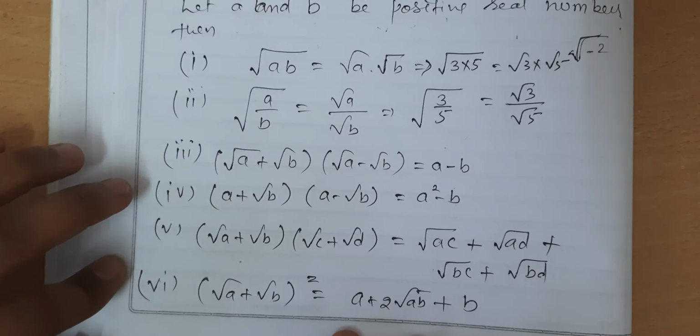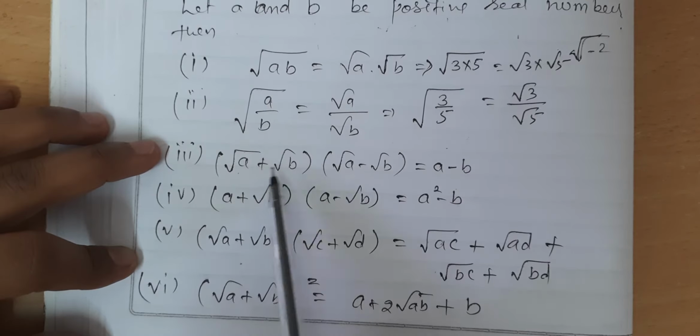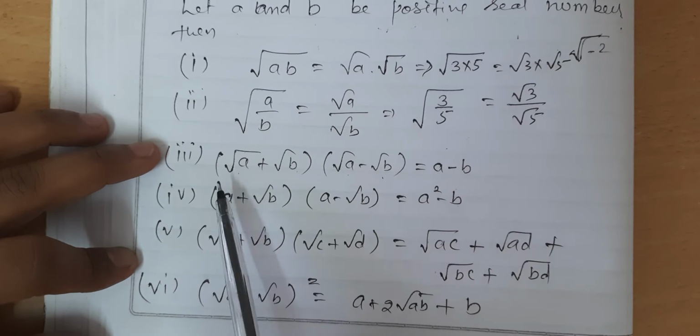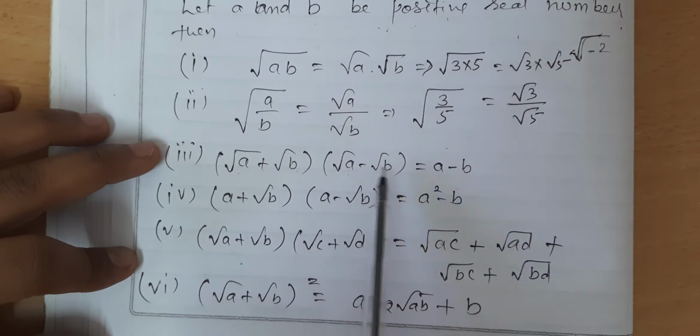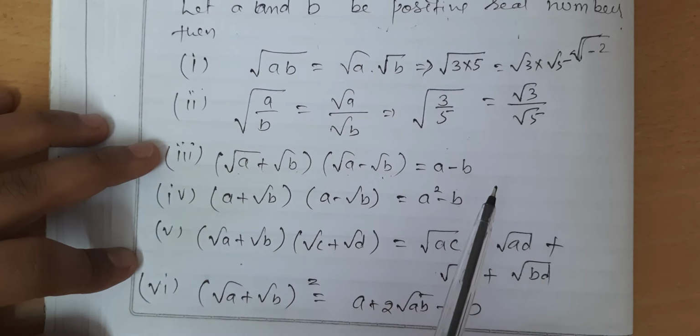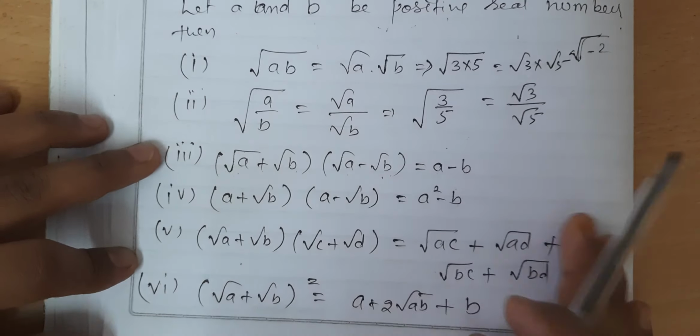And this identity: root a plus root b multiplied by root a minus root b is the same as (a plus b)(a minus b), which is equal to a square minus b square. But be careful, here we are getting a minus b. Why?